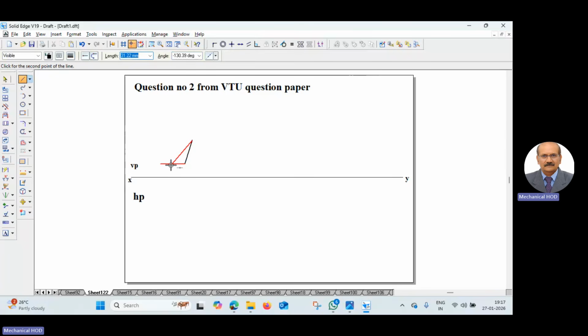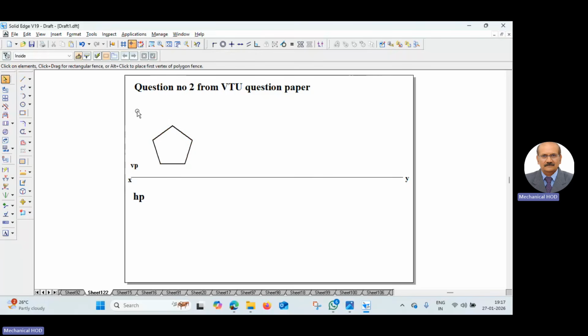Next 25 the length, third angle is 72 into 2, then 25 the length, fourth angle is 72 into 3, then 25 the length, fifth angle 72 into 4. So we got a pentagon of side 25 mm.